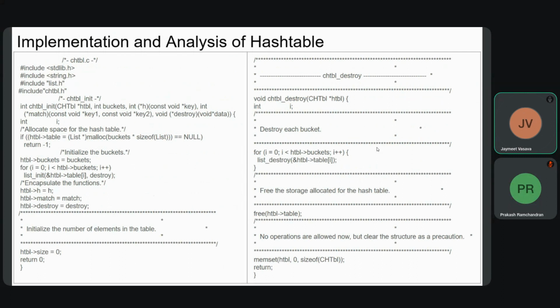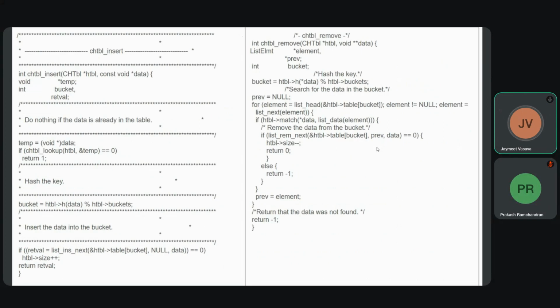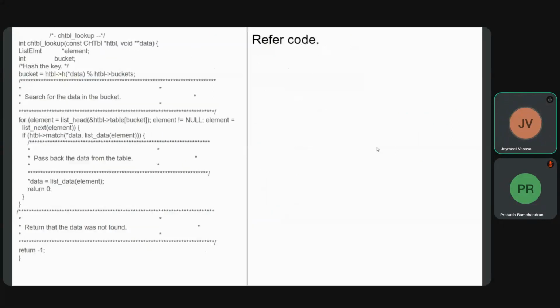So this is the function file chain table dot c. You can see different interfaces being applied over here: from chain table init to chain table destroy, then chain table insert for inserting an element, chain table remove, and chain table lookup for looking up an element that we want to search for.